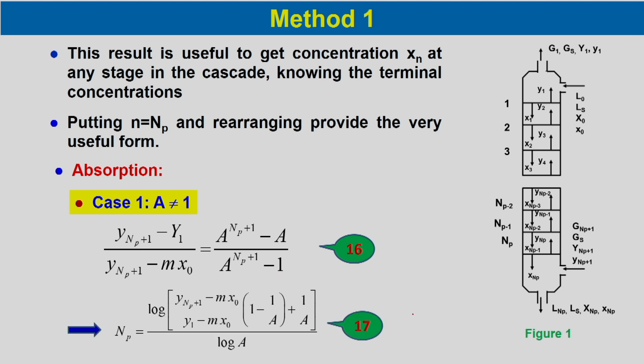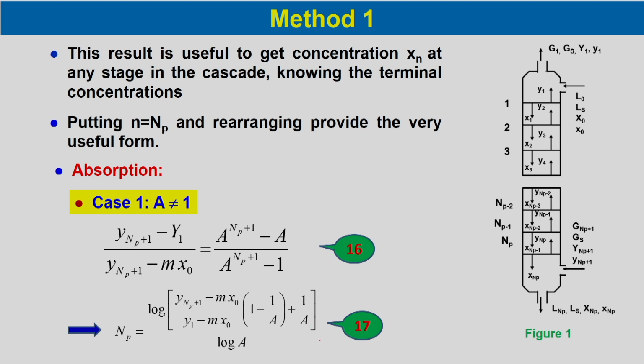Now, if we take the log from both sides and rearrange, we will get n p equal to log of y n p plus 1 minus m x naught divided by y 1 minus m x naught, whole into 1 minus 1 by a, plus 1 by a, divided by log a.